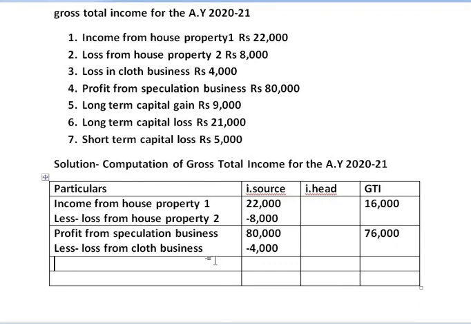Coming to the next head, capital gains. First we have to take the information relating to the gains. Therefore here we are given long-term capital gain 9,000. So take down long-term capital gain 9,000.